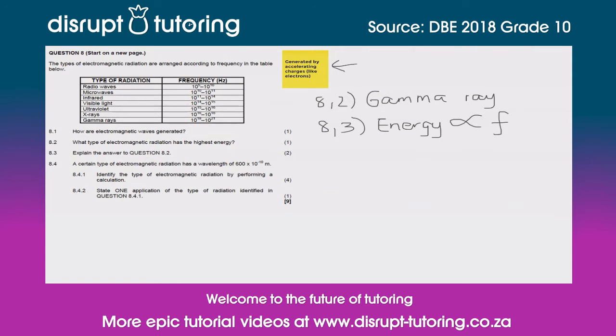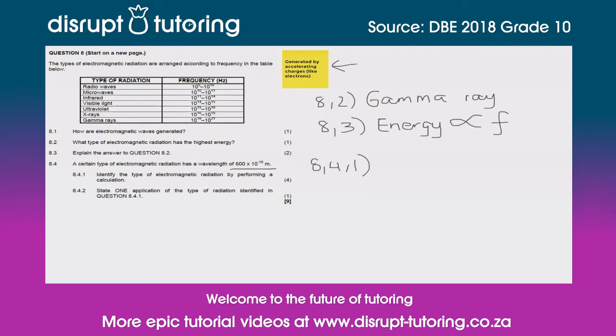Great, so 8.4 says a certain type of electromagnetic radiation has a wavelength of 600 times 10 to the minus 10 meters. 8.4.1 says identify the type of electromagnetic radiation by performing a calculation. This requires the use of a formula, and the one that pops into my mind uses both frequency and wavelength and a constant, because we want to solve for the frequency of this radiation to find out what type it is.